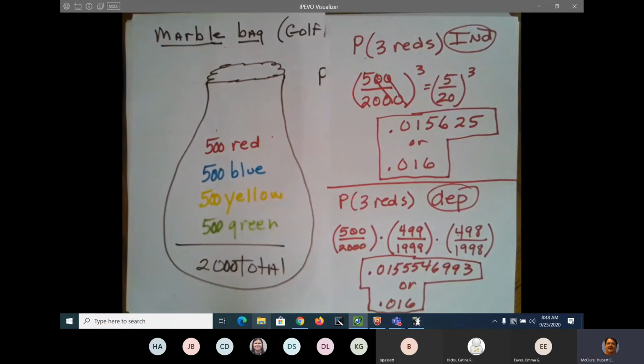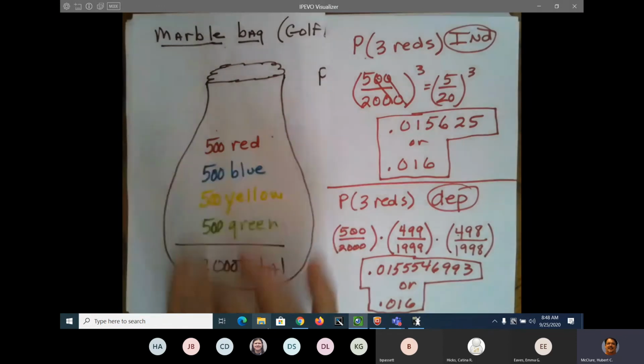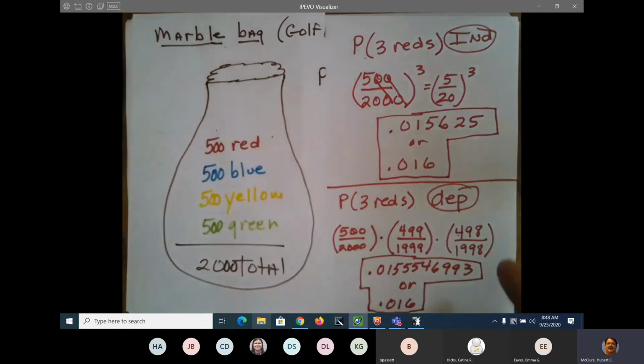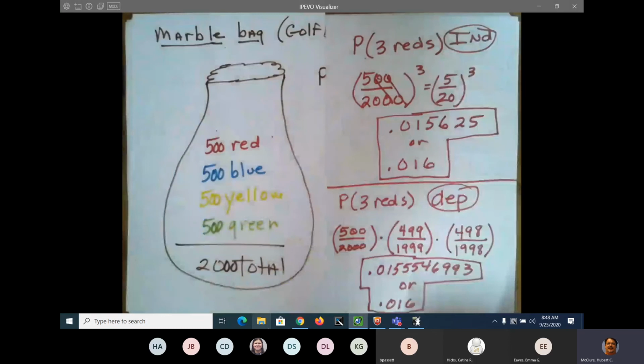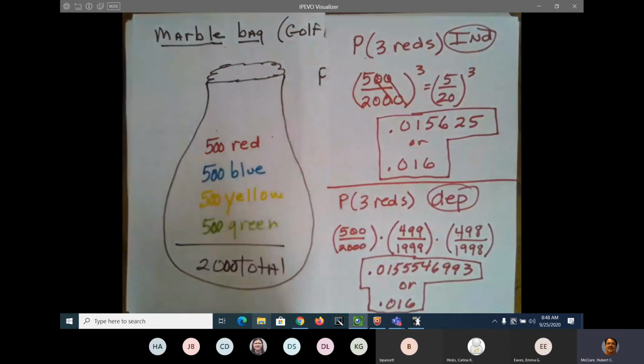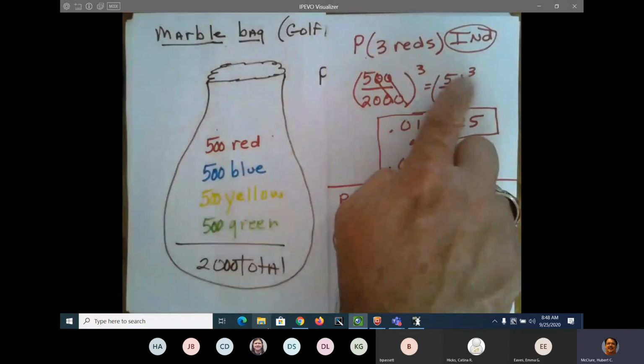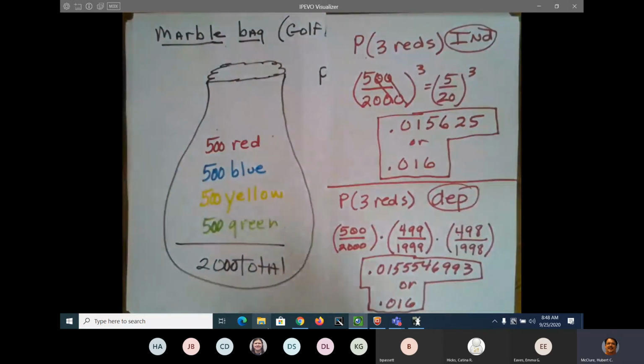So what does that mean? That means the larger the numbers, the less you have to worry about if it's dependent or independent. So if you have numbers above 300, you can pretty much use your exponents instead of doing this.